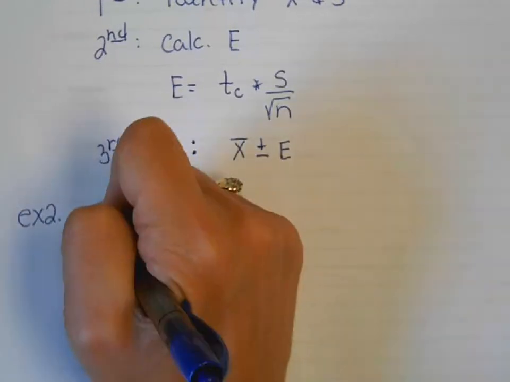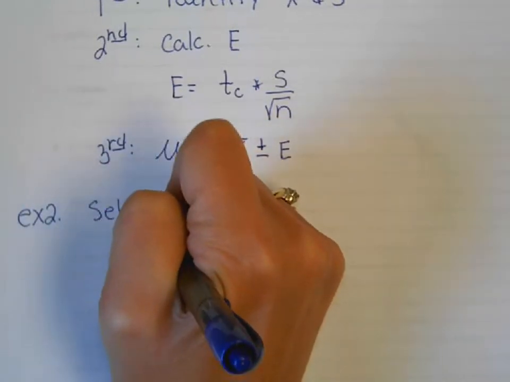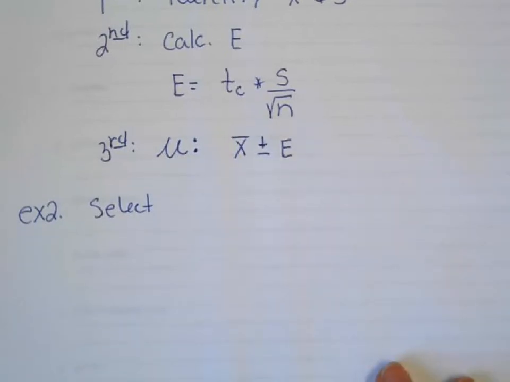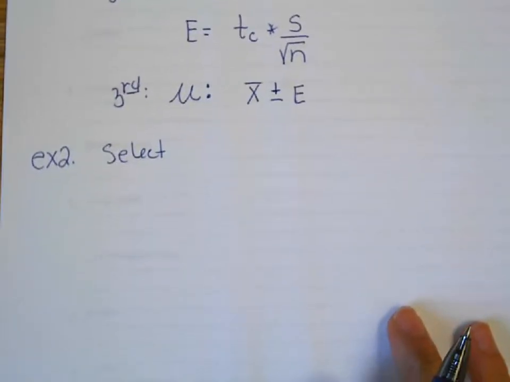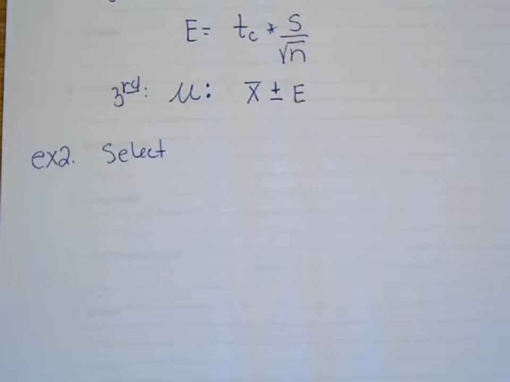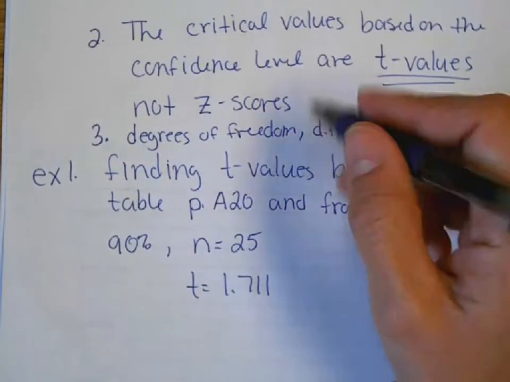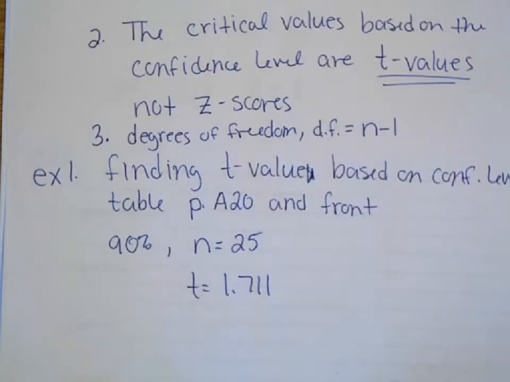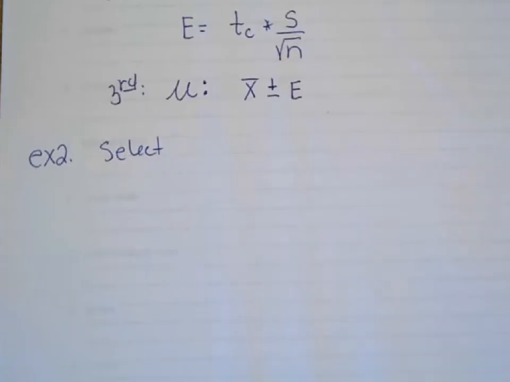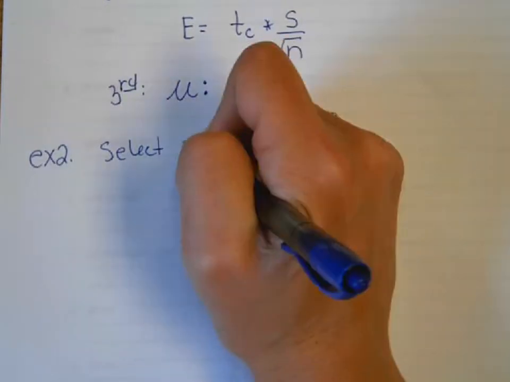So did we get an answer for number 1 then? Yeah, we did. 1.711. Well, we got that right off the start by looking at the chart. That's all I asked you to do on step 1, was find the t-value. I put values, but I wanted value. Okay, so we're going to randomly select 16 restaurants.